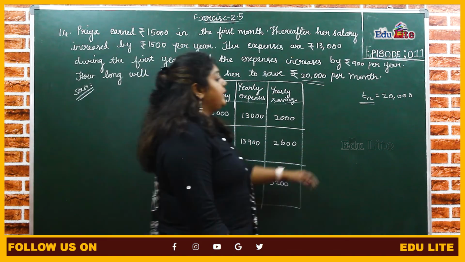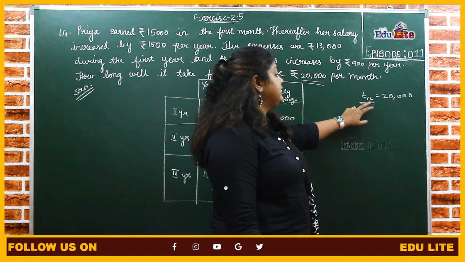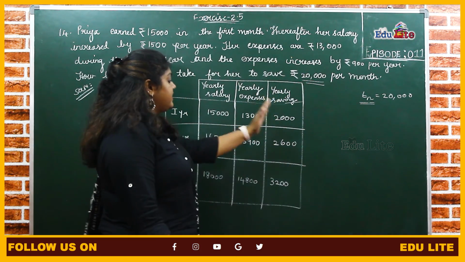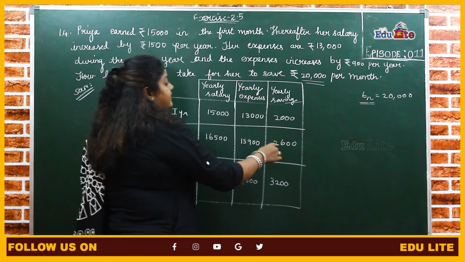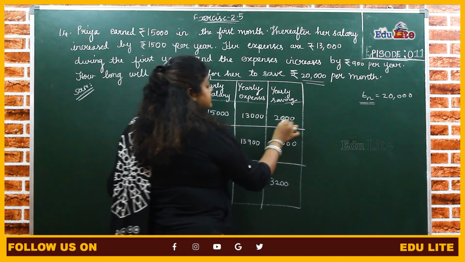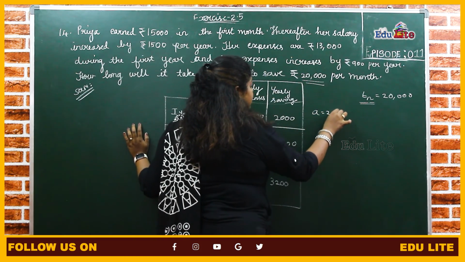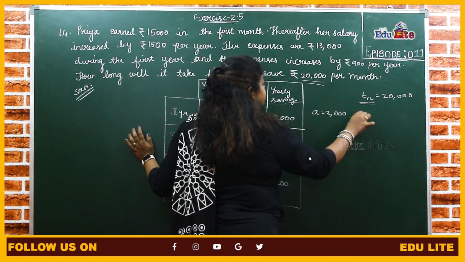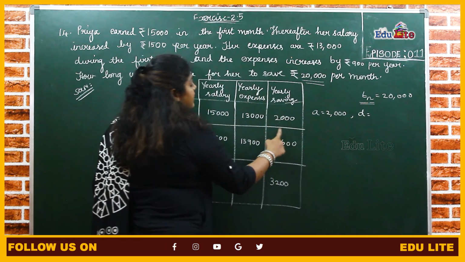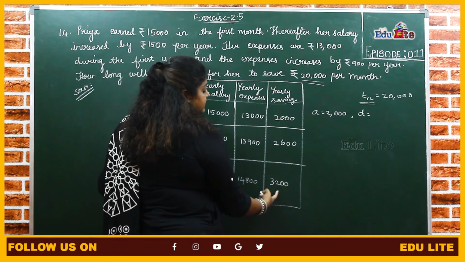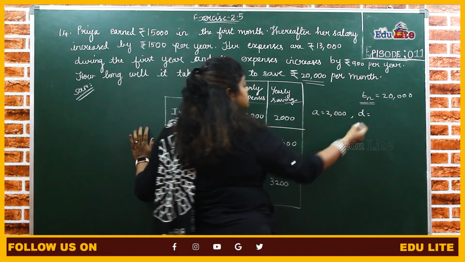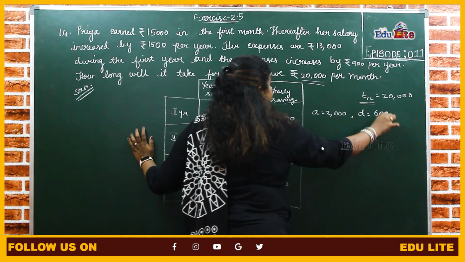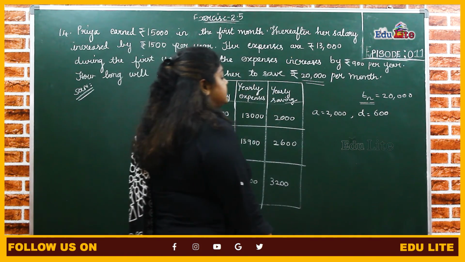We have to find the value of n. We want to find the savings. Savings in the first year is considered as the value of A, 2,000. The savings are 2,000, 2,600, 3,200. The constant difference between these is 600. So, we can conclude the value of D is 600.